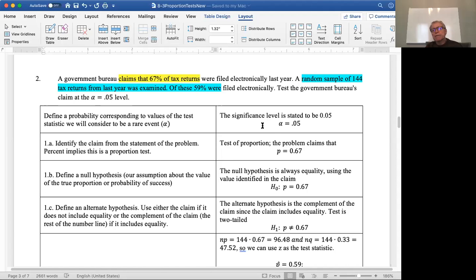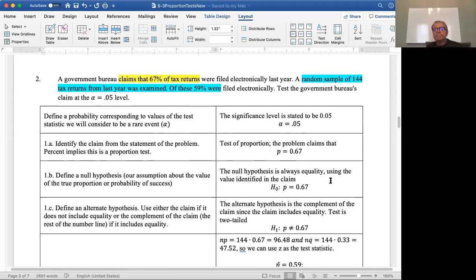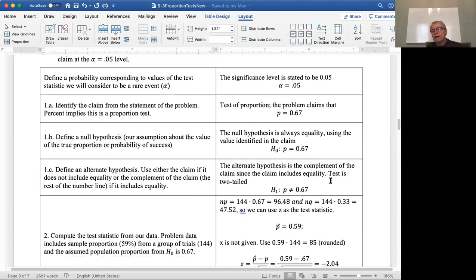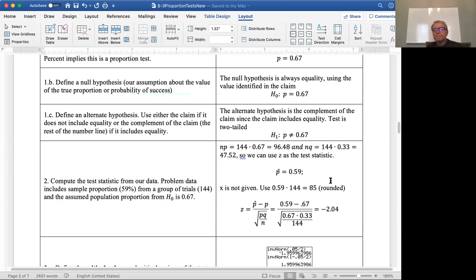All right, so for the problem, we know how to go through and do our setup for our hypotheses, etc. We need to note, however, that in H1, this is not equal, which means it's a two-tailed test. And then we are going to have to find the test statistic value.